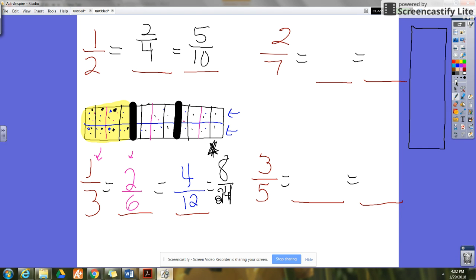Some people are getting them. Okay. How many people, raise your hands down for a second. How many people feel so good about 1/2 equivalent fractions and 1/3 equivalent fractions that you can explain it to someone else? You could teach them. You got this, hands down. Okay, if you're still having confusion, did you see those people?